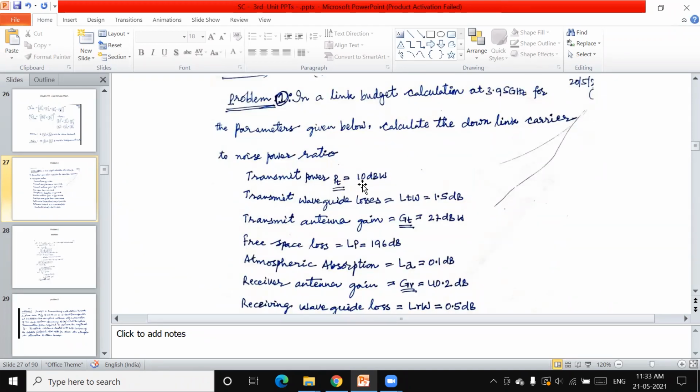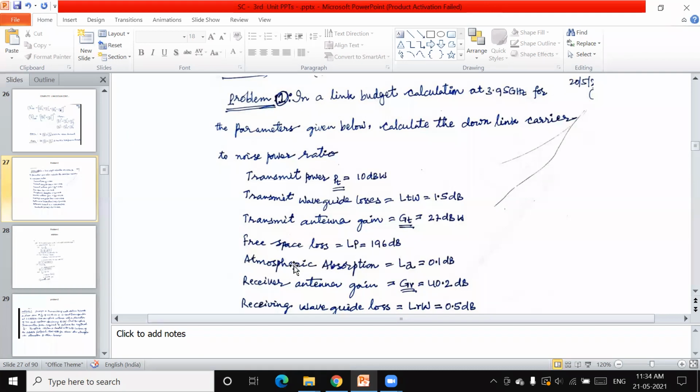Transmit power PT has been given as 10 dB watts. Transmit waveguide losses, LTW, the waveguide transmitting losses, 1.5 dB. Transmit antenna gain GT, the transmitting antenna gain, is 27 dB watts.